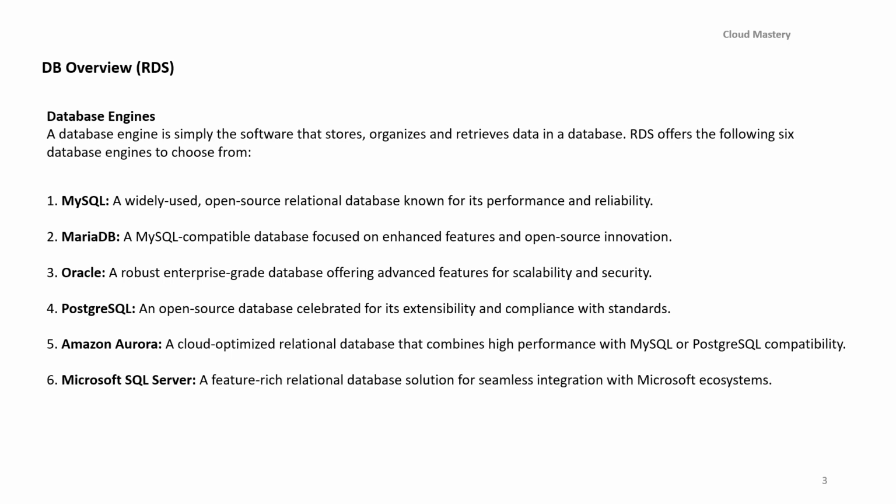And we have Microsoft SQL Server, which integrates seamlessly with the Microsoft ecosystem and delivers a rich feature set. With these options, RDS empowers us to select the right database for the requirement and workload. Whatever requirement and workload you have from the client, you can choose the best engine based on this understanding and get more value.